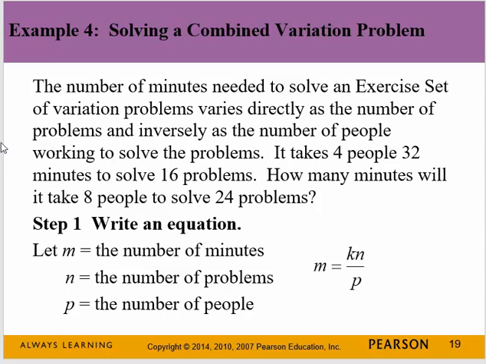If it takes 4 people 32 minutes to solve 16 problems, how many minutes will it take 8 people to solve 24 problems? So again, M will be the number of minutes, N the number of problems, and P the number of people. But we still need to find what our constant of variation is.